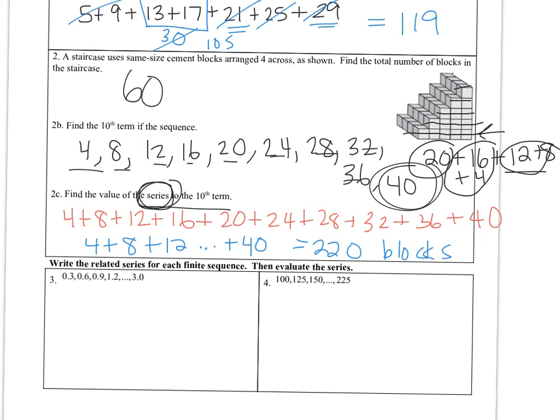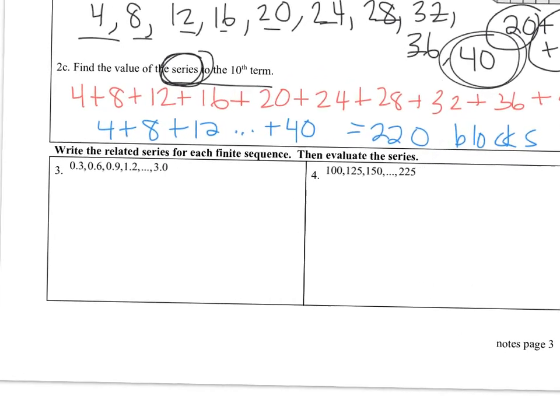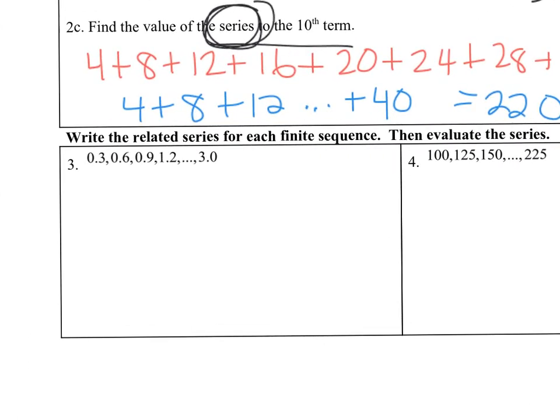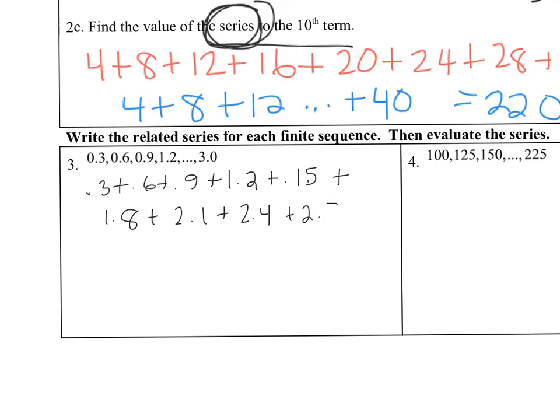Okay, then for 3 and 4 down here, write the related series for each finite sequence. So write the related series would mean to sum them up. So it's going to be 0.3 plus 0.6 plus 0.9 plus 1.2 plus 1.5 plus 1.8 plus 2.1 plus 2.4 plus 2.7 plus 3.0.